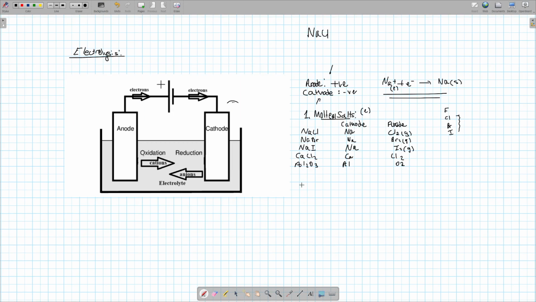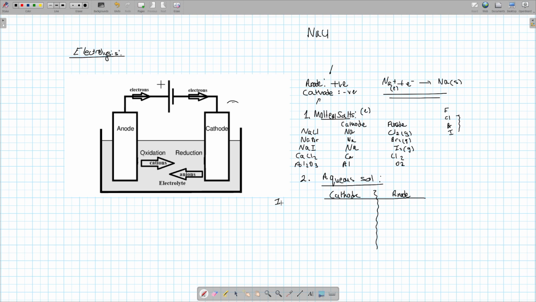Second case. What if I have an aqueous solution? If it's an aqueous solution, we have a table you need to memorize. At the cathode, what will be produced, and at the anode, what will be produced.